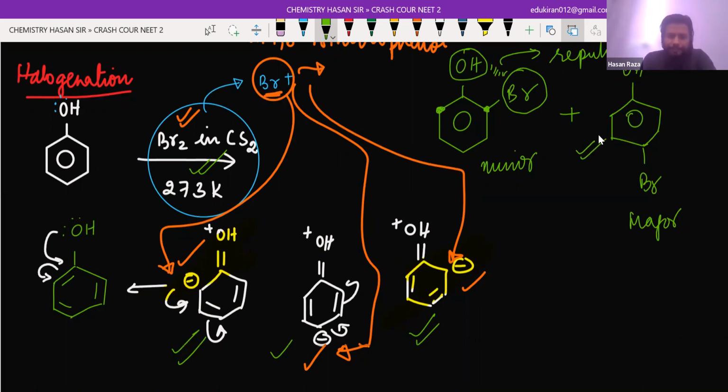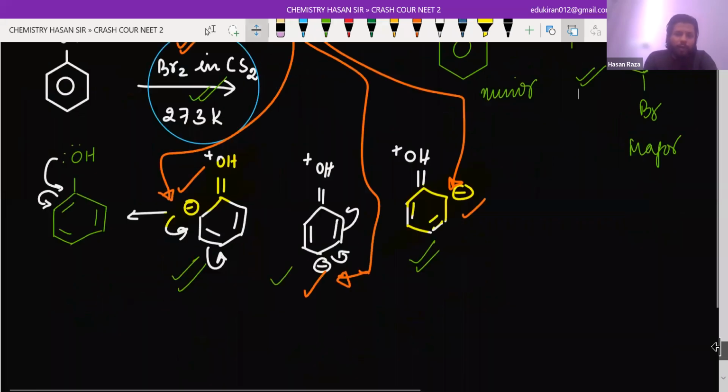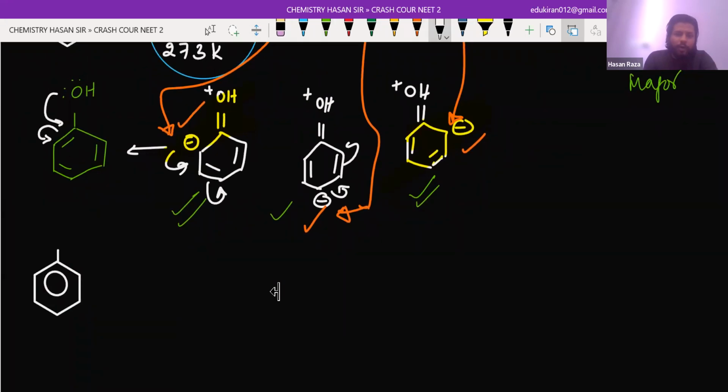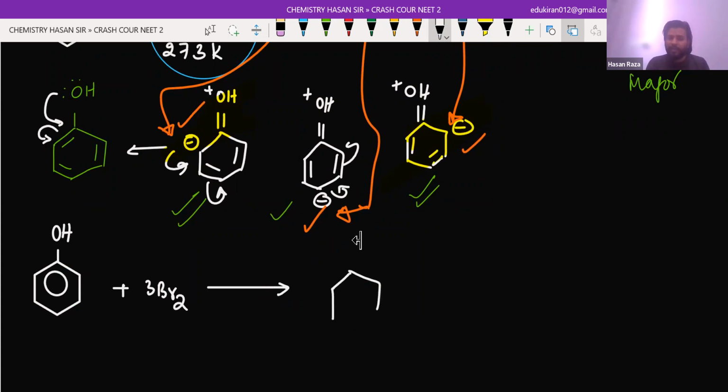Is that clear, everyone? Yes, sir. But if you are going to use the reagent, please be focused here. If you use bromine water or 3Br2, that means a very high concentration of Br, so there will be generation of a lot of Br plus electrophile.